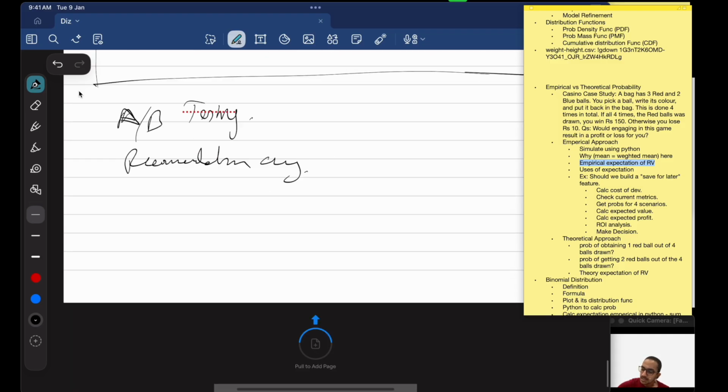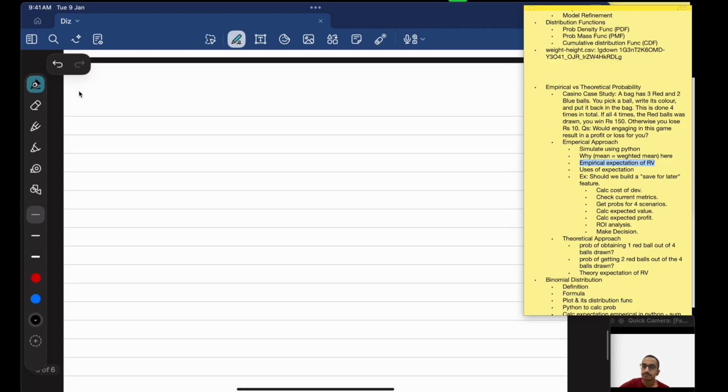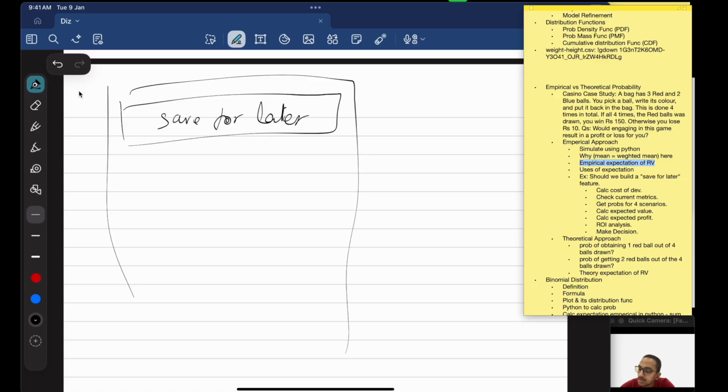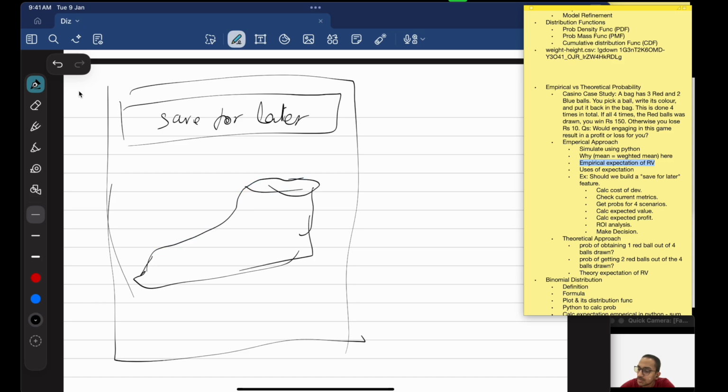So let's take an example. Let's say there is a small e-commerce company that wanted to implement a save for later feature. So there is a save for later button on every product or something like that.